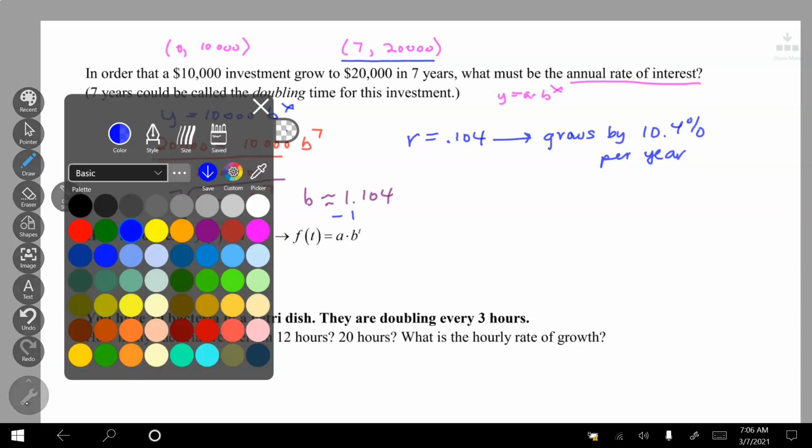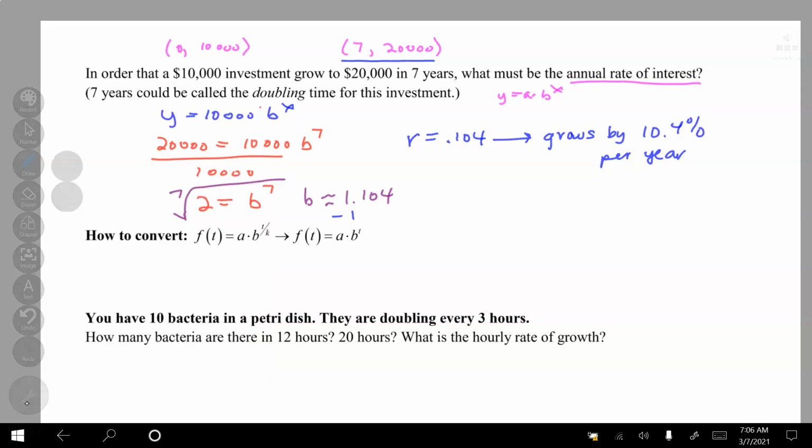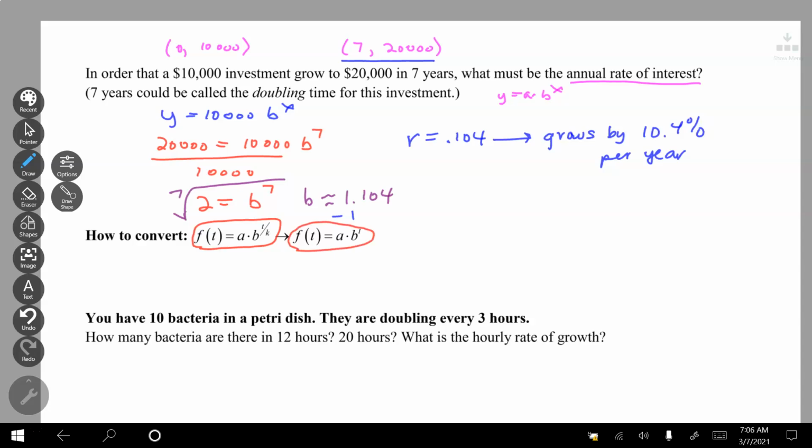So the whole idea is, how do I go from this modified equation where I have the built-in time frame into a regular equation? Because I could have rewritten the equation above as y equals 10,000 times 2 to the x over 7.